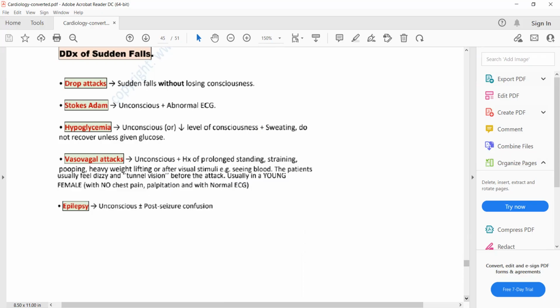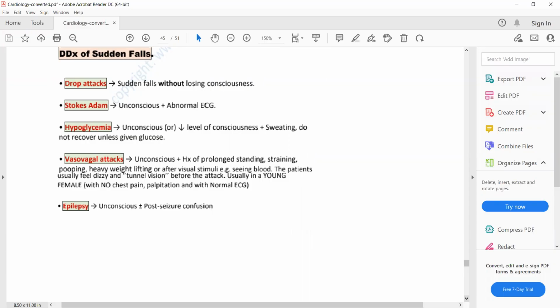All of these things, prolonged standing and straining and pooping, increase the abdominal pressure or thoracic pressure, which leads to stimulation of the vagus nerve, which results in decreased heart rate and vasodilation, due to which blood supply to the brain is decreased and the person becomes unconscious. Also, visual stimuli such as seeing blood can also stimulate the vagus nerve.